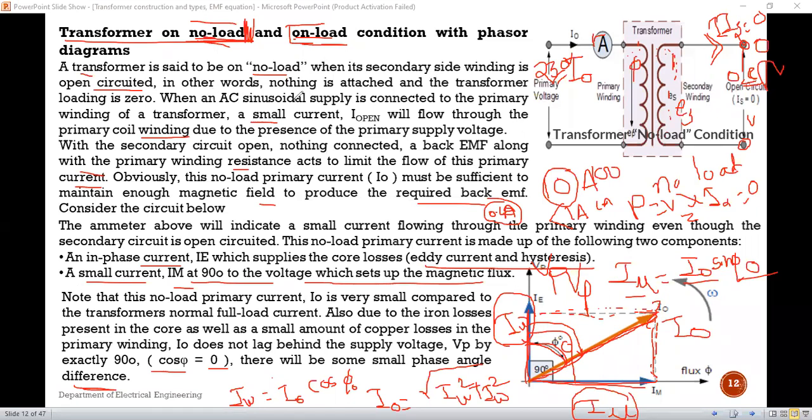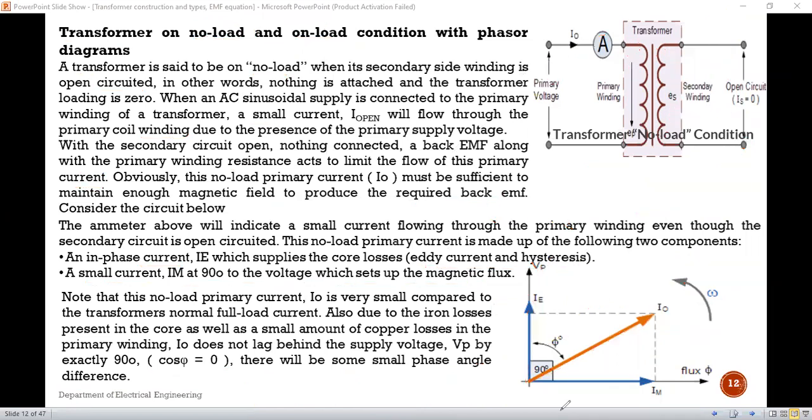So this is related to the no load condition of the transformer. Transformer ज्यावेळेस no load condition ला असेल, at that situation the vector diagram for that transformer is like this. The no load current will resolve into two components. One component is the magnetizing component which is along the x-axis.